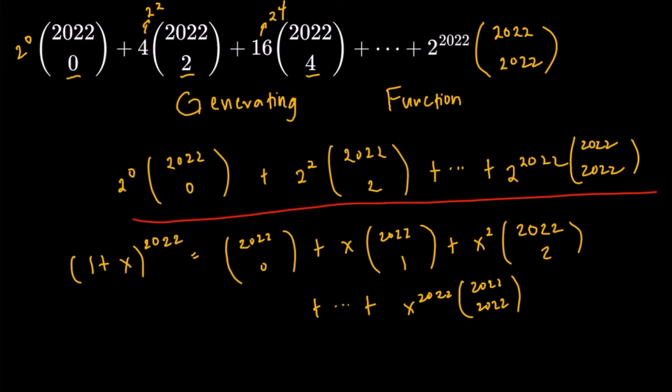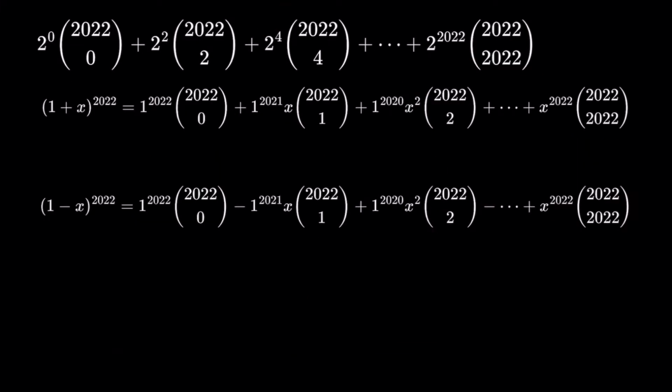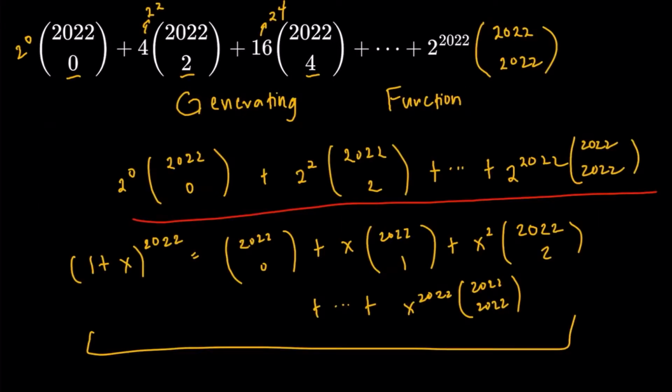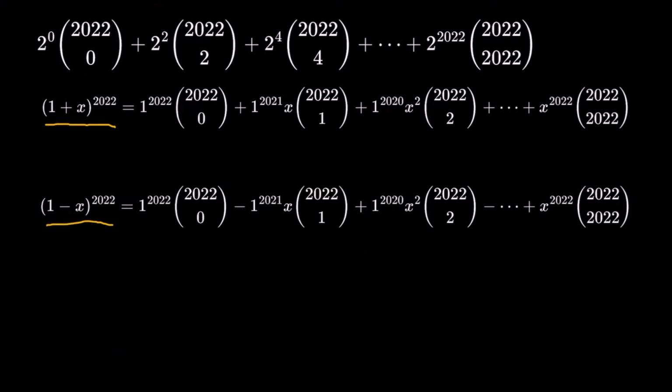All right. So with this idea, I'm going to expand two binomials over here, the 2022nd power of 1 plus x and 1 minus x. And as you can see in this short demonstration I did, for the 1 minus x case, the only thing that's different is the alternating signs: plus, minus, and so on.